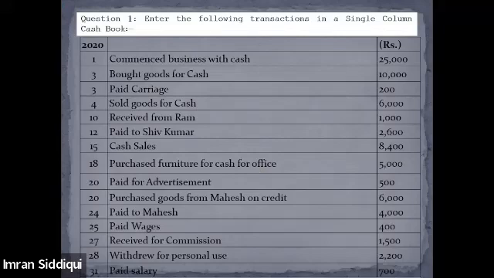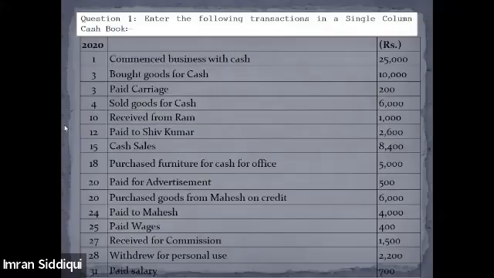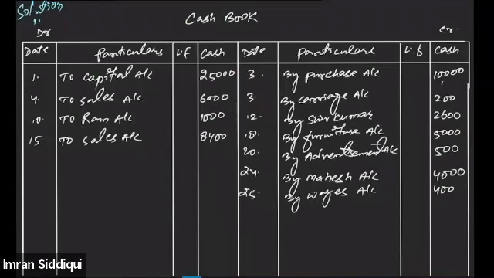Then, okay, after that, paid wages on 25th, 400, by wages account, 400. Then received for commission, 1,500. On 27th, we received commission. Commission account. Okay, 1,500.